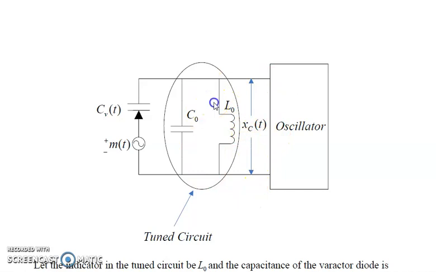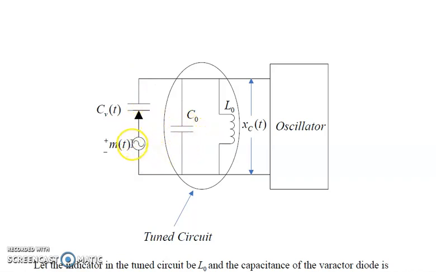Okay. So here in this diagram, what we have to see, this is the symbol of the varactor diode. Put a cross mark or arrow mark for the variation of capacitance. And this varactor diode capacitance is connected with the message signal. This is the message signal, shown here as a single baseband signal, only having one frequency. And this connection is supplied to the tuned circuit.